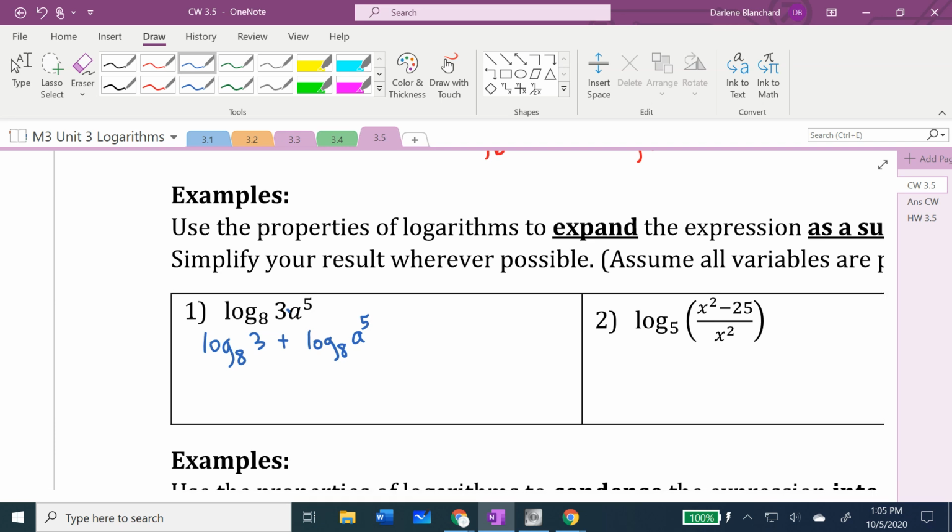With the new rule, I can take this exponent and turn it into multiplication in front of the logarithm. So now when I expand it, it's log base 8 of 3 plus 5 times log base 8 of a, and that would be considered expanded.